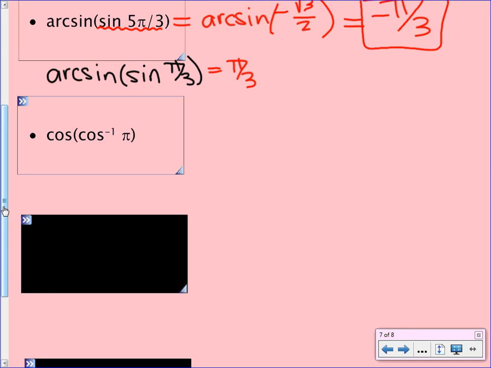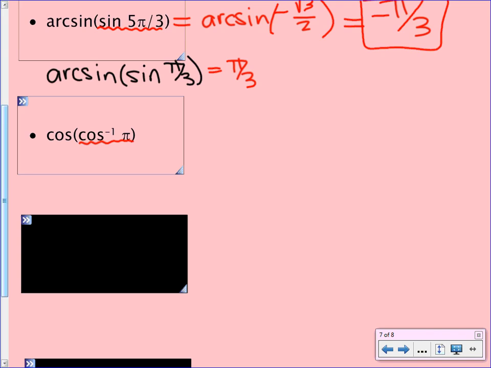Okay. How do we do this? Or what is it? Is it pi? Let's look at our inside function. The inverse cosine of pi. No, it's not pi.